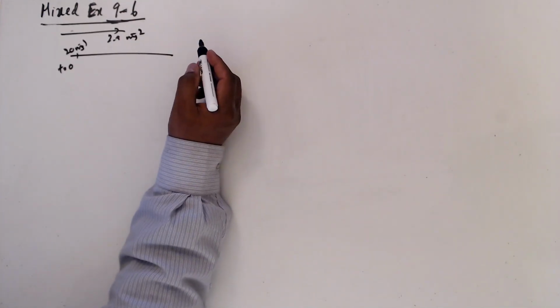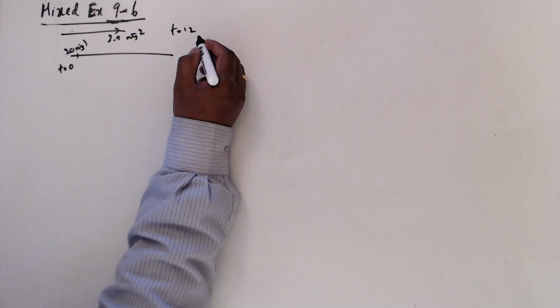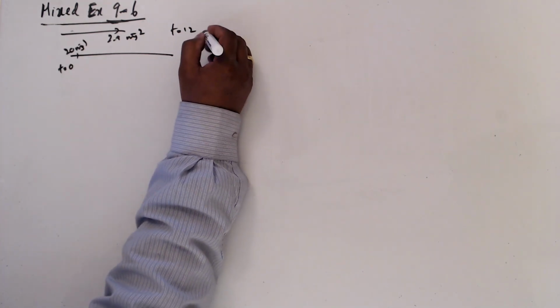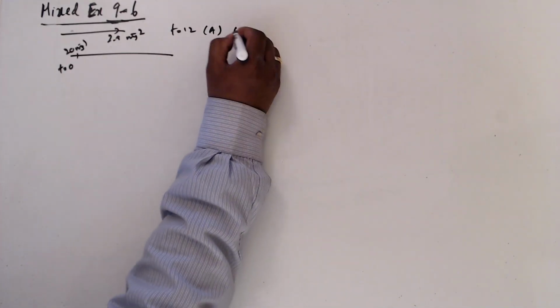At t equals 12, P is at the point A. Part a, find the distance OA.